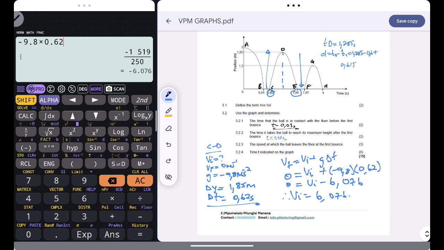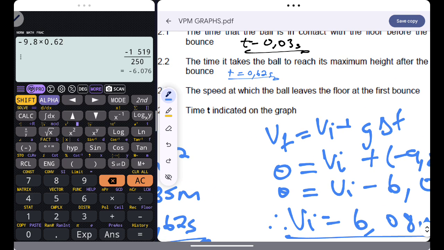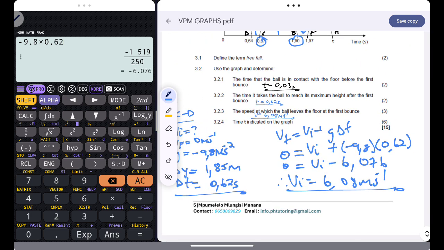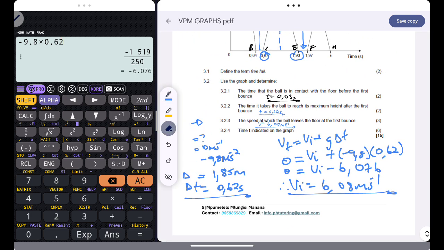Whenever I round it off to 2 decimal places, I'll simply have 6.08 meters per second upwards, né? But they said they wanted the speed, so I'll just write the magnitude, 6.08 meters per second. Okay, now they want us to find time t.